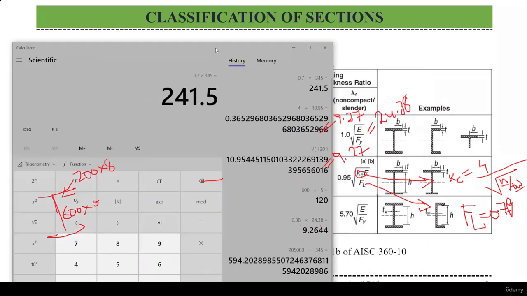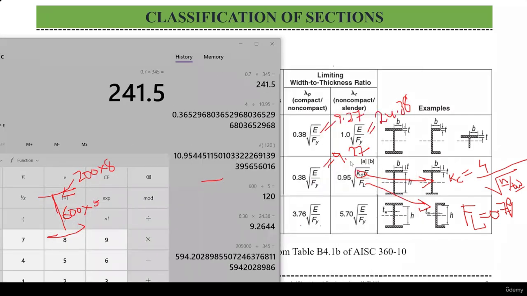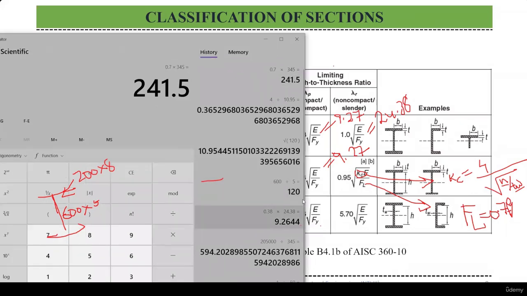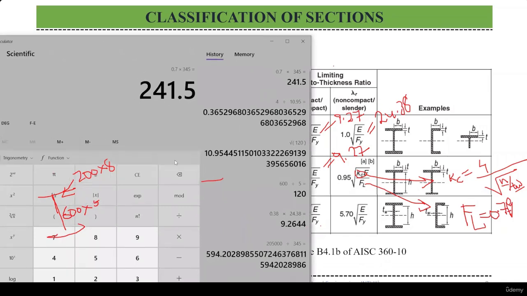Now we calculate this lambda r value. We have a Kc value here, that is 0.36, into E value 2.05 into 10 to the power of 5 divided by FL.